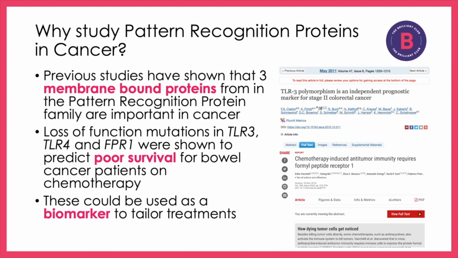Based on this discovery, these same research groups then sequenced the DNA of some human cancer patients and found a similar pattern. Those with mutations that cause the proteins expressed by the genes TLR3, TLR4, and FPR1 to be no longer functional would die earlier. Now, this was interesting and surprising to myself and my colleagues.